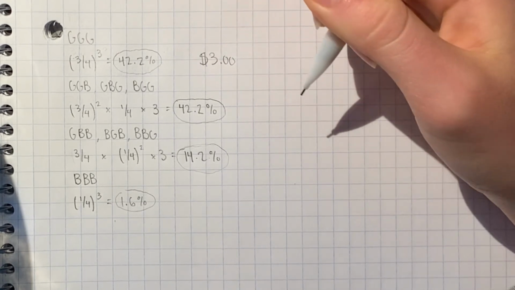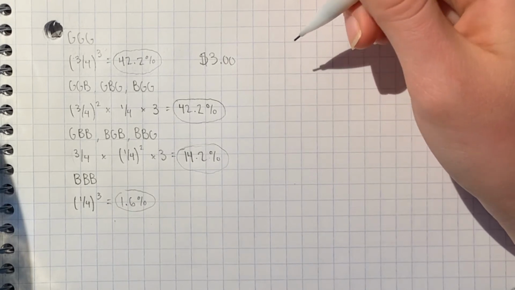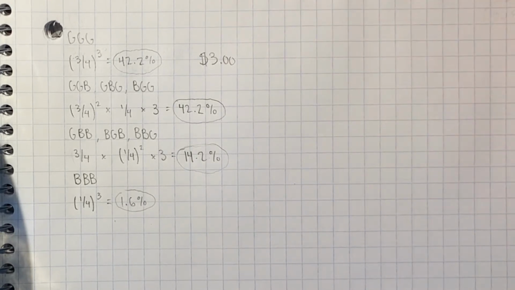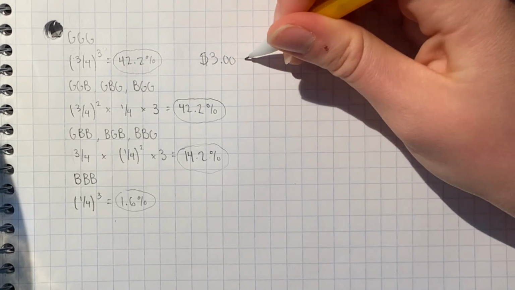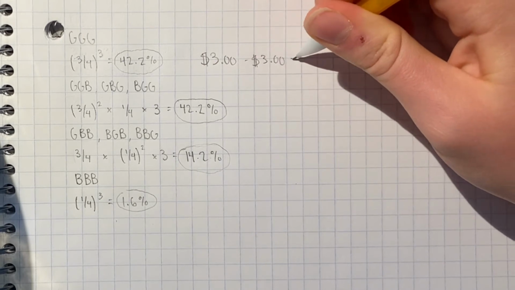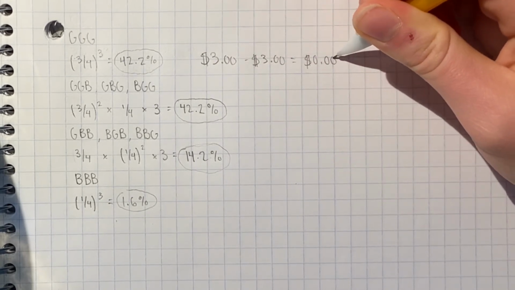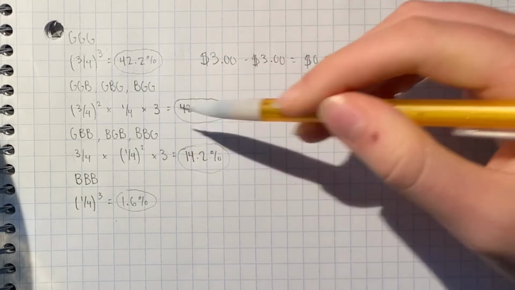But hey, you have to remember that each spin costs $1. And you're doing 3 spins, multiply that by $1, it costs $3. So you got to subtract that. So look at that. We got $0, unfortunately. But hey, let's try these other ones out.